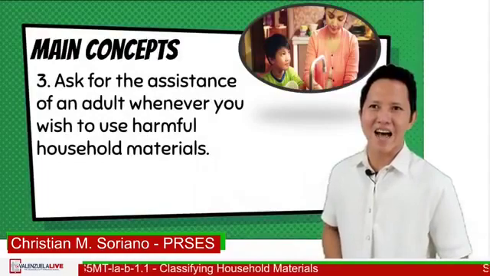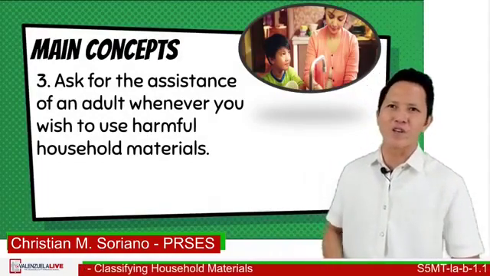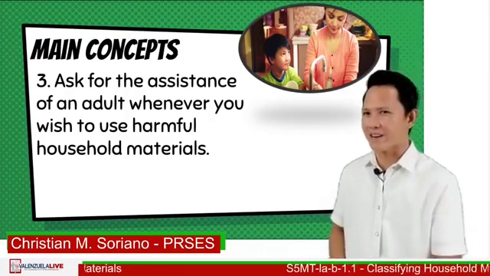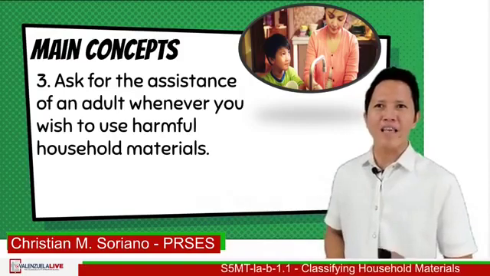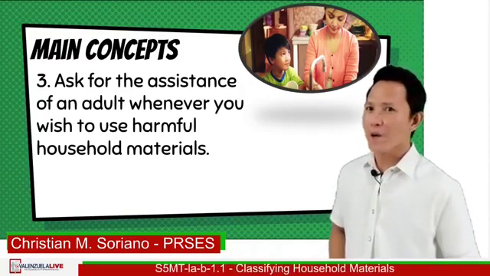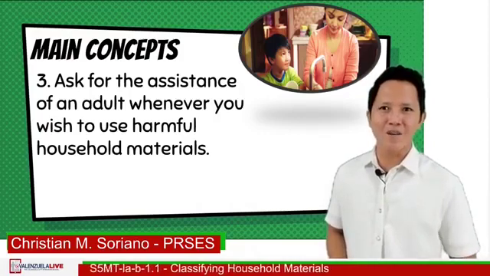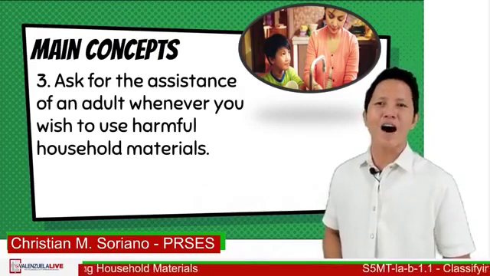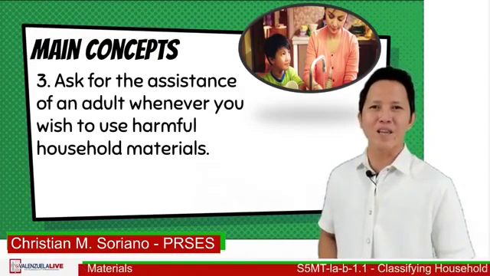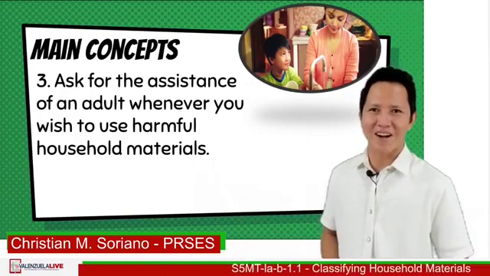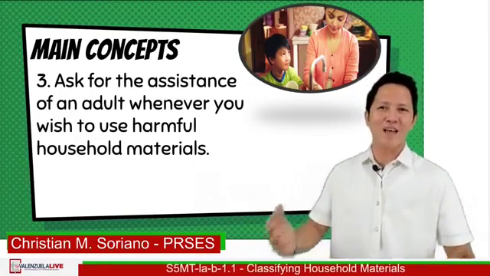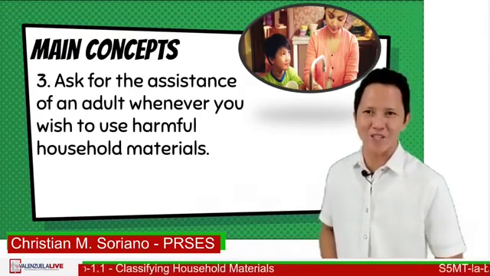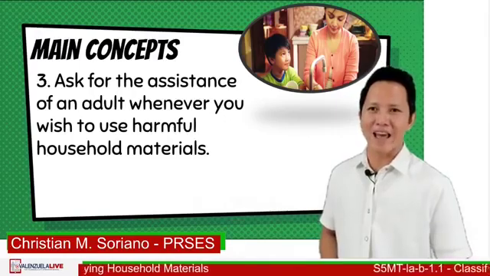Lastly, our main concept is whenever you wish to use a particular household product, whether it is less harmful or harmful, always ask for the assistance of an adult whenever you wish to use harmful household materials. Of course, this concept is for our safety at home whenever we use them. All right? So we already sum up our lesson this morning, class, and I trust that everyone in the FB Live follows.